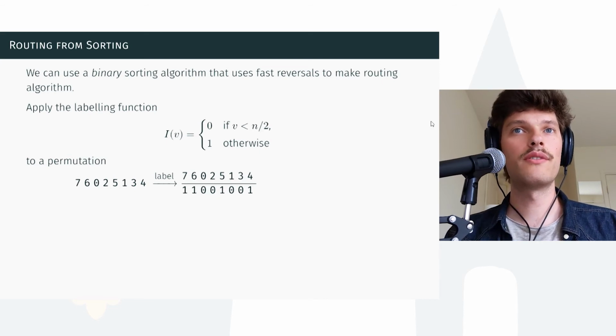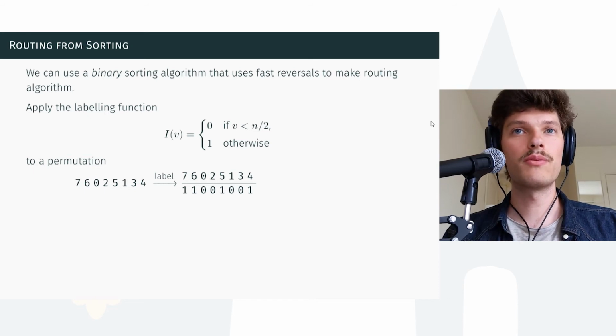So the first step that we need to do is we apply a labeling function which assigns 0 bits to the qubits that need to be routed to the left half of the chain, and 1 bits to the qubits that need to be routed to the right half of the chain. So when we apply this to a permutation, here the permutation is 7 6 0 2 5 5 1 3 4.